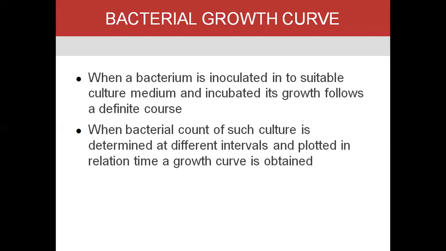If we take time on the x-axis and the number of bacterial cells on the y-axis, we will get the bacterial growth curve. When the bacterial count of such a culture is determined at different intervals and plotted in relation to time, then the growth curve is obtained. There are 4 phases in the growth curve.